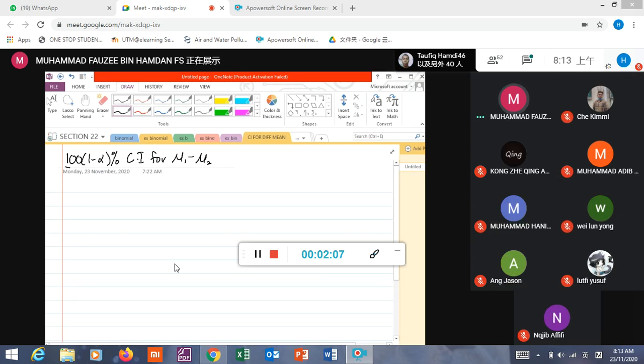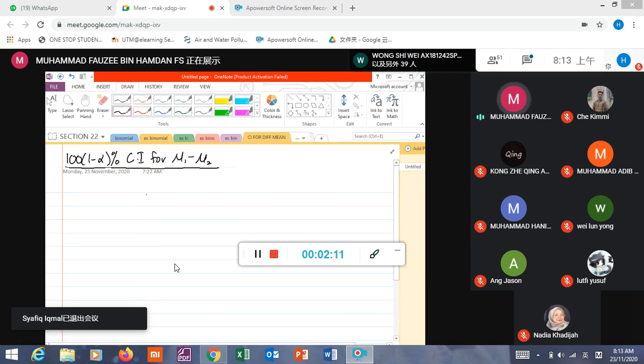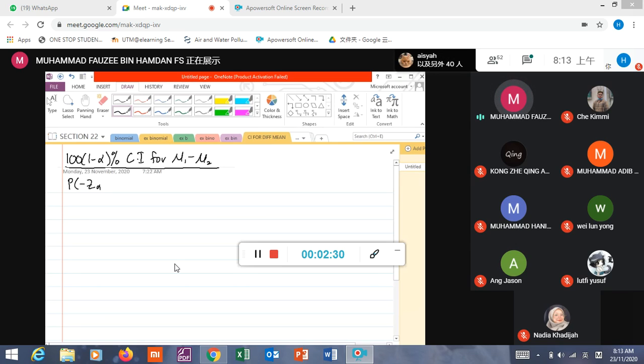Okay, so I don't have to show how we construct the confidence interval from the distribution. Yesterday I already showed you how to construct it, starting from the probability: minus z alpha over 2, z, z alpha over 2, equal to 1 minus alpha.